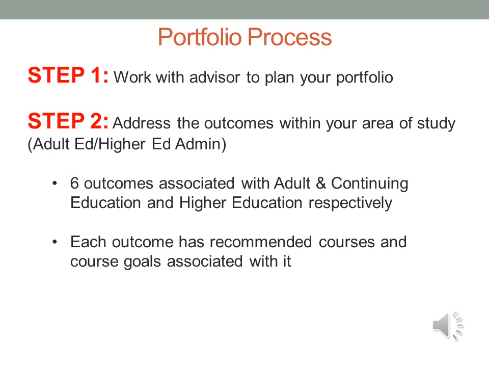There are 6 identified areas for adult and continuing education and higher education respectively. You will find this list in the comprehensive guide to ePortfolios on the D2L site. Each outcome has recommended courses and course goals associated with it.